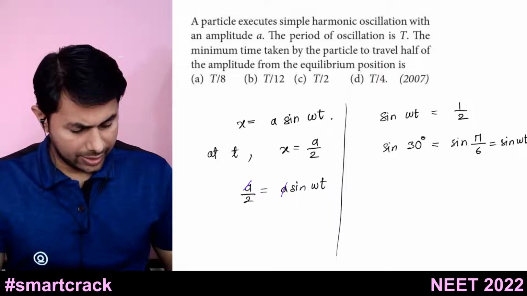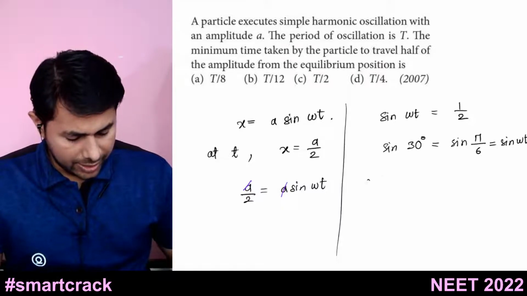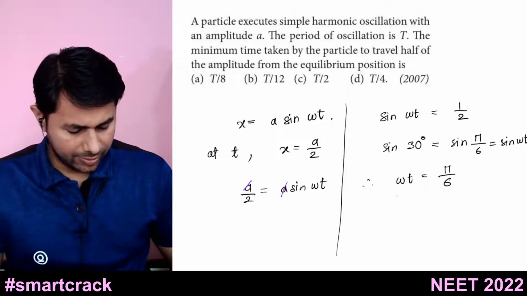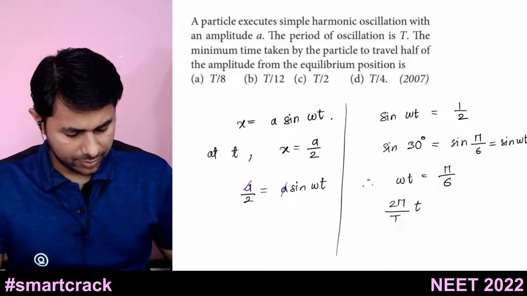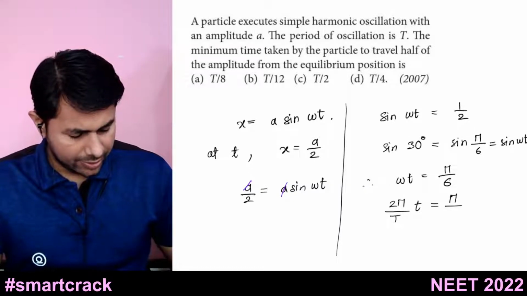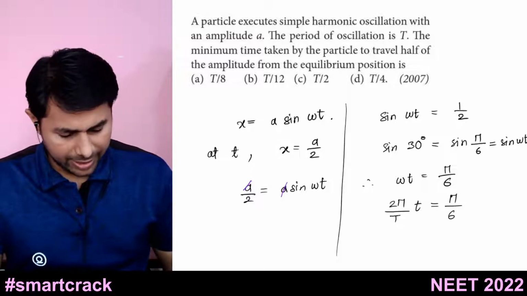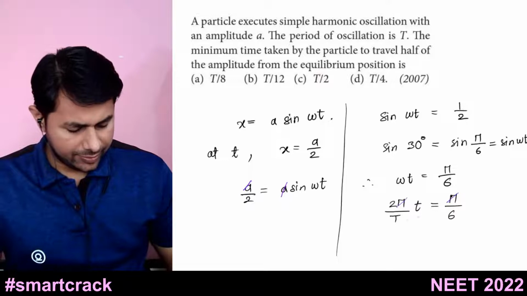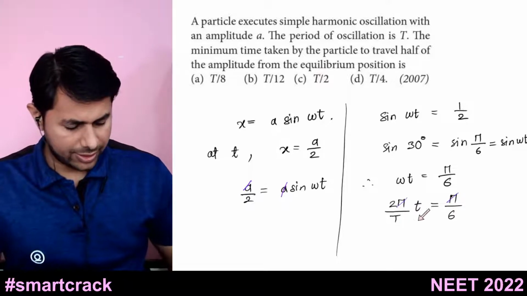Therefore omega t is equal to pi by 6. Omega can be written as 2 pi upon capital T. So that multiplied by t is equal to pi by 6. Pi and pi get cancelled out, and you take the t and 2 to the other side.